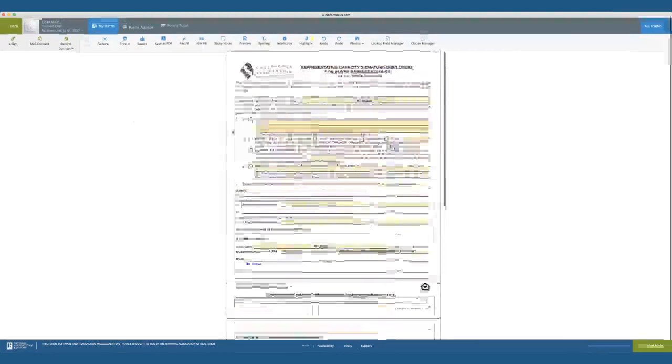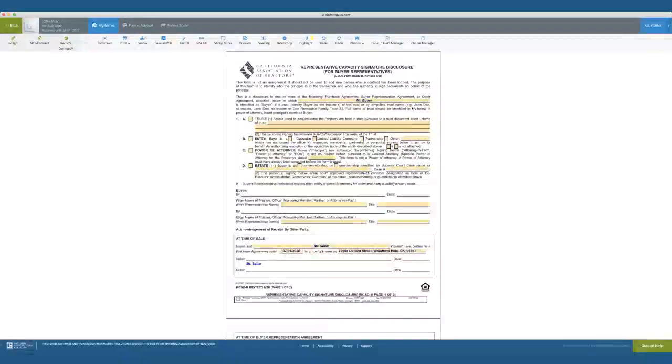Remember, I said that an entity can't sign a contract. A person as a representative for the entity can. So this form is confusing, I know. So how it's going to be filled out is, say that there is a trust and Mr. Buyer is a trustee.